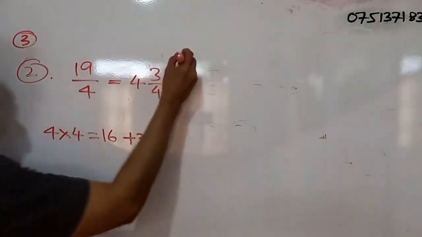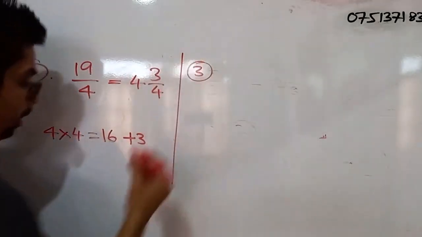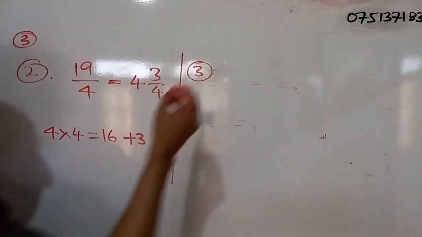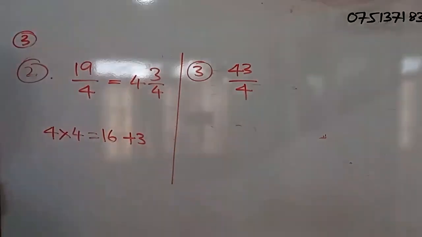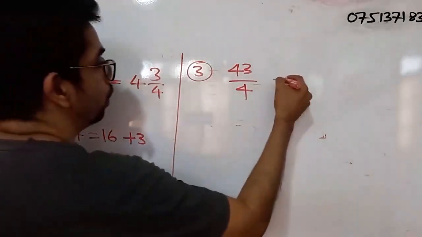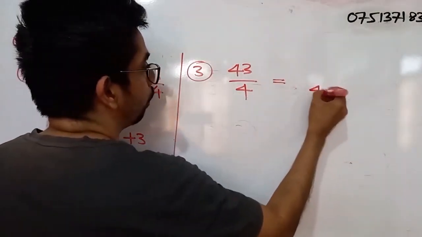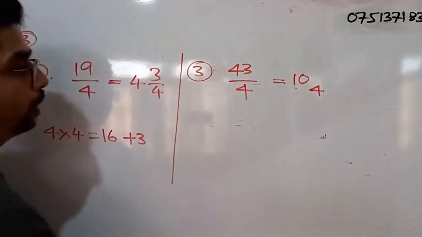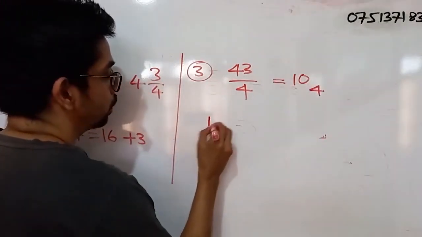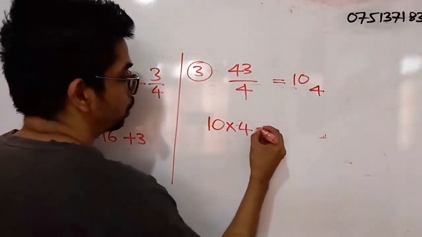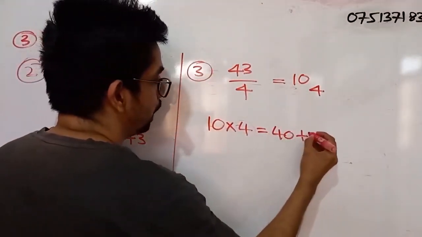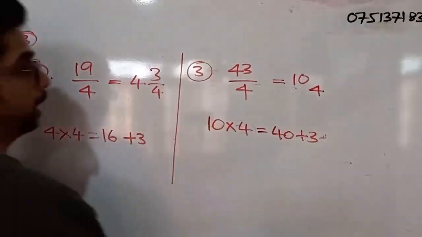Okay. The next part, we have what? 43 by 4. Here also we know 4 times 10, that is 40. Right? We know that is 40, and we need another 3 to go to 43.